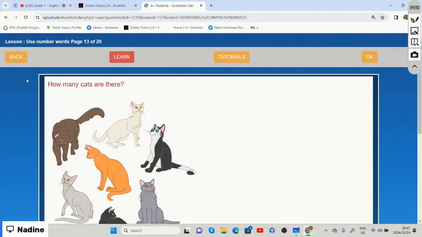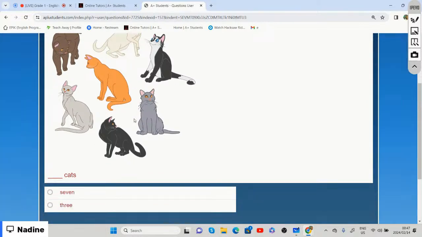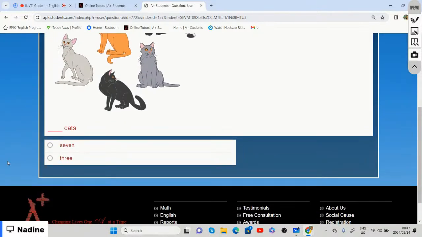All right, let's look at the last one. It says how many cats are there? We have one, two, three, four, five, six. How many cats do we see? Do we see seven cats or do we see three cats?